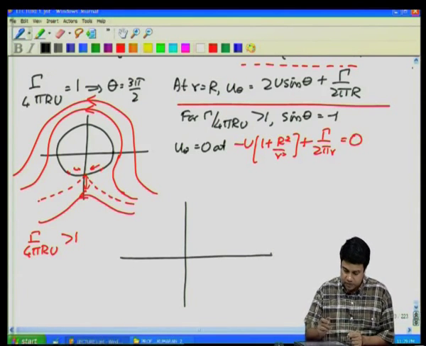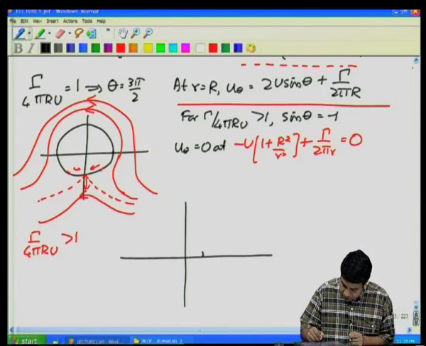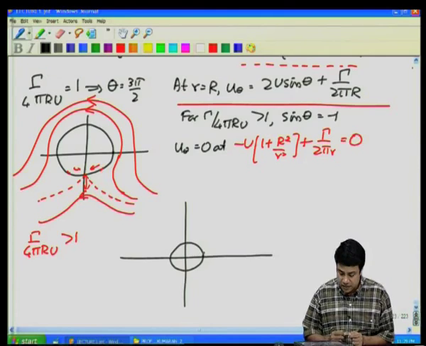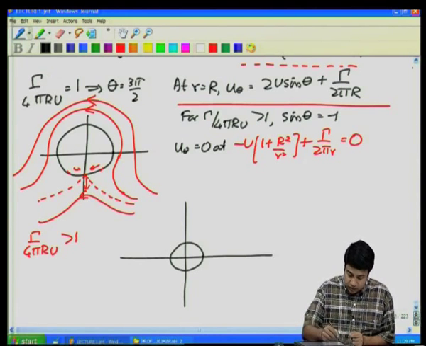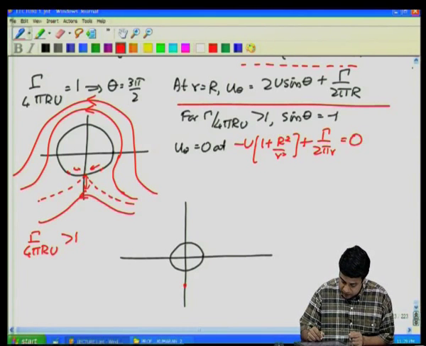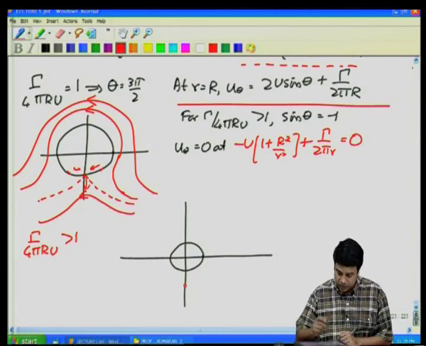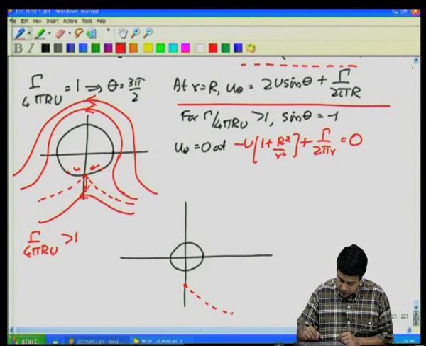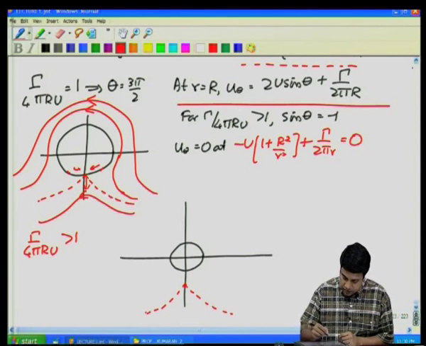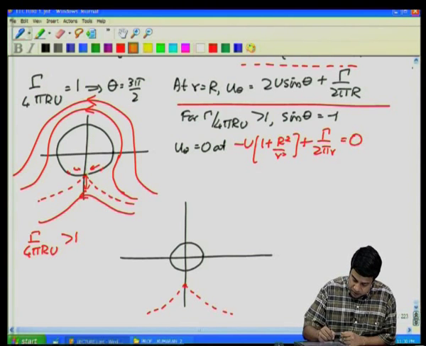Okay, so this is my plane, this is the cylinder, and the stagnation point is at some distance that is greater than capital R. And I have streamlines coming in to the stagnation streamline, just the same way as I had these streamlines over here.